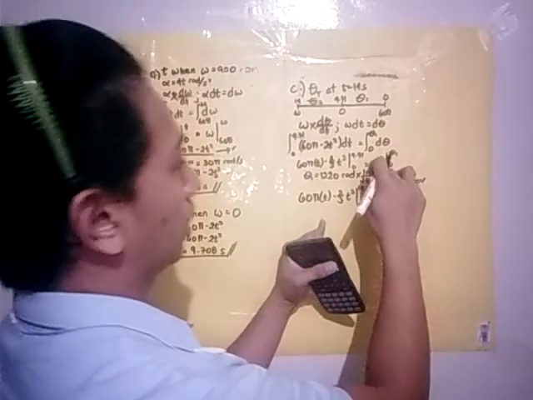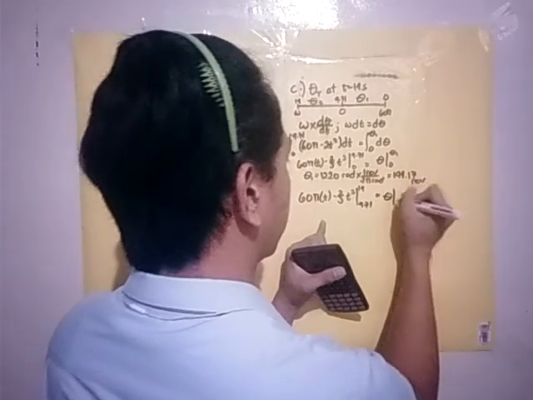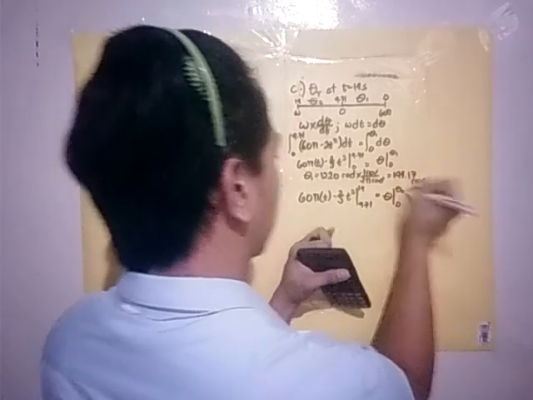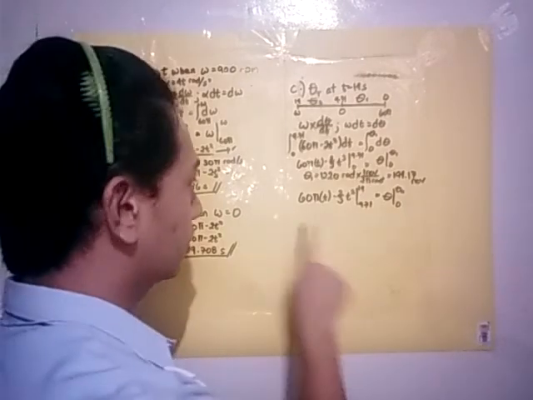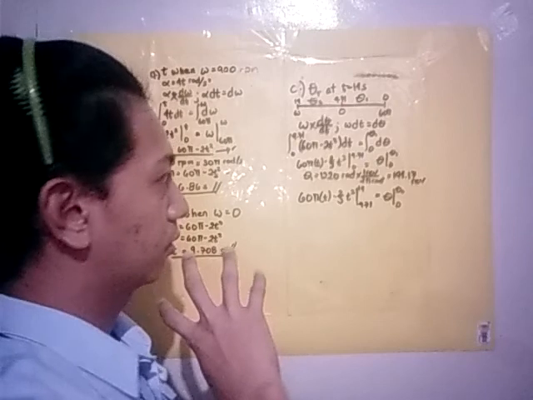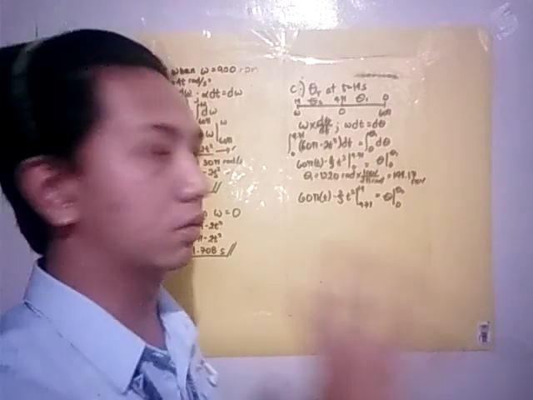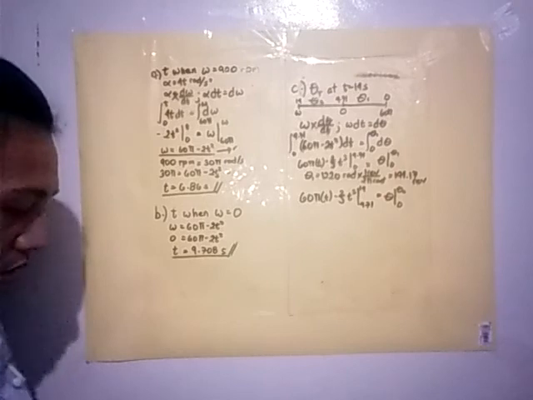Then here, theta again with limits from 0 to theta 2. Why 0 here? Because at exactly 9.71, we stop it. We didn't count a revolution.